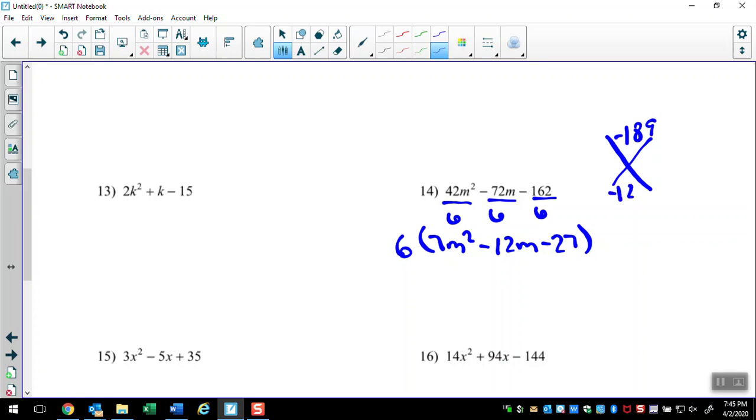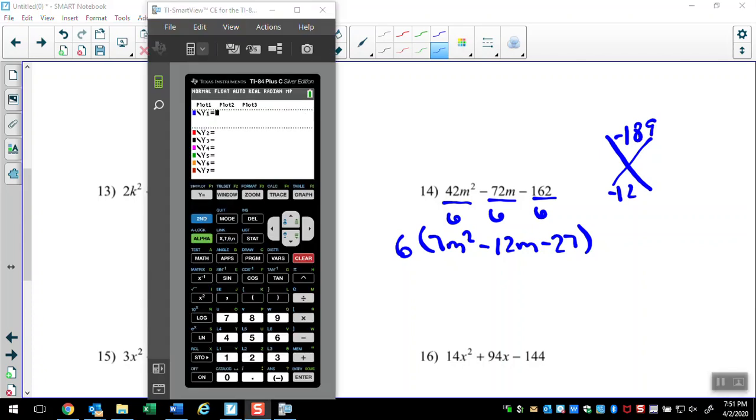So negative 12. I need to find factors of 189 that will add up to negative 12. Okay, so to find factors of negative 189, for now I'm just going to use my graphing calculator that I have here. If I can get this to work. Alright, there we go.